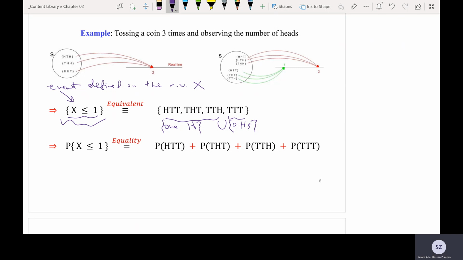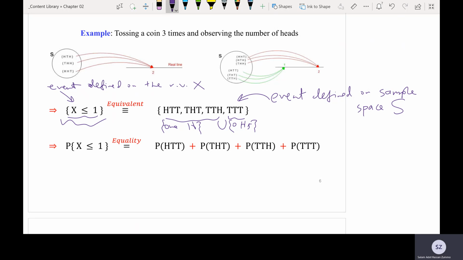So the event goes in the sample space. This is the event defined where? On the sample space. So for the event defined on X, in order to find its probability, you need to find the corresponding event that is defined in the sample space.